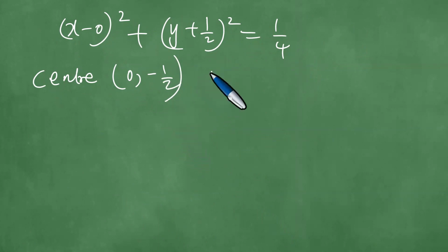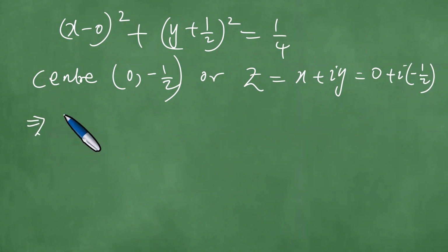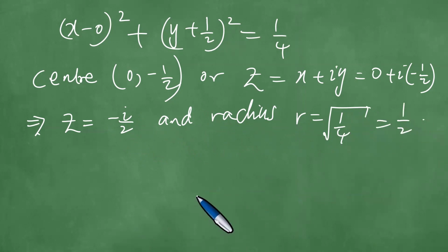For us, this center can be written in terms of z, and z is x plus iy, where x is 0 and y is minus 1/2, which means z is minus i over 2. The radius becomes the square root of 1/4, which is 1/2.